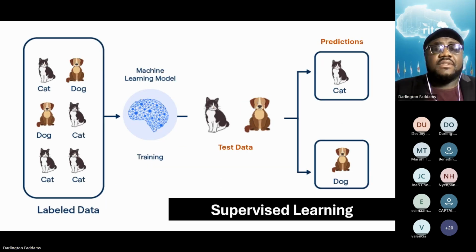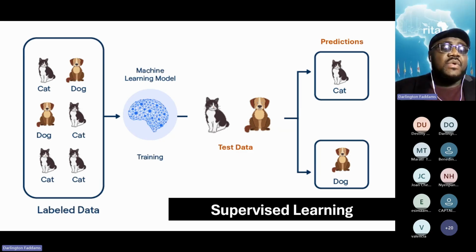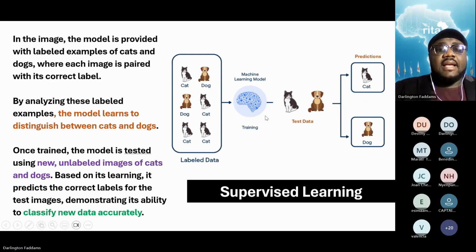All right. So this particular model here, also supervised learning, we trained a model with cats and dogs and we labeled them and then it learned it. Later, we were able to give it images and it was able to predict that this is cat, this is dog. In this image, the model is provided with labeled examples of cats and dogs, where each image is paired with its correct label.